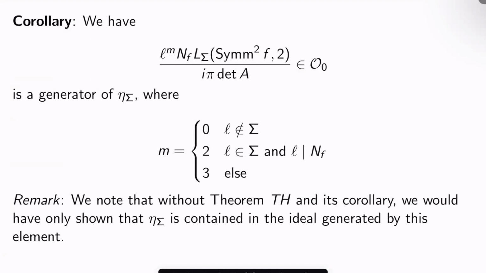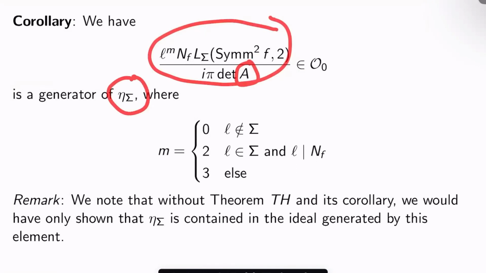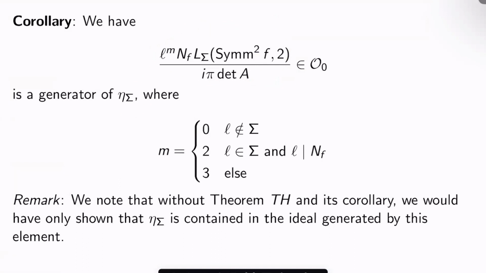The only thing I have to do here is tell you what this m is. M is 0 if L isn't in sigma. It's 2 if L is in sigma and L divides n sub f, and it's 3 otherwise. Okay, and so what we have found is a single generator in terms of that matrix A that generates the congruence module whose size we're trying to get a handle on, eta sub sigma, and that's going to be incredibly useful for us.